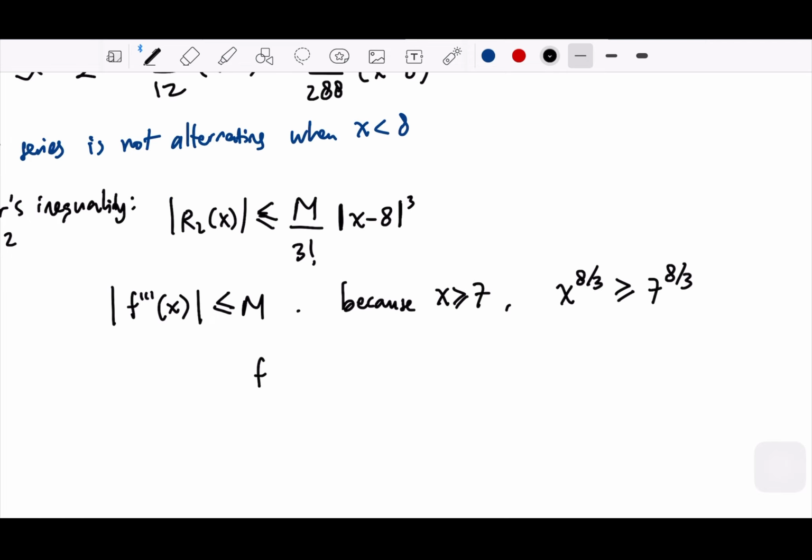And so our third derivative is 10 over 27 times 1 over x to the 8 over 3. It will be less than or equal.